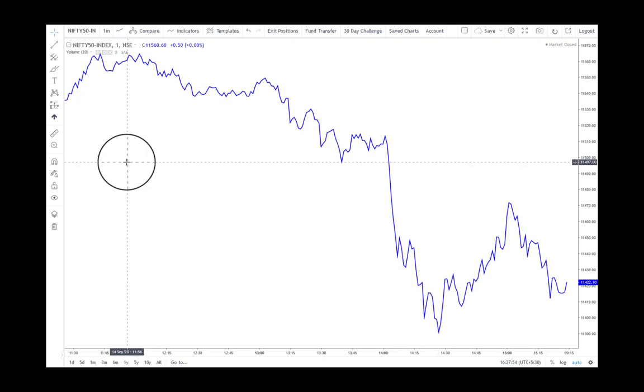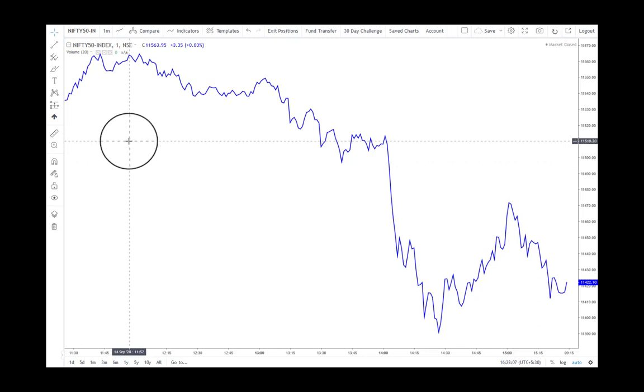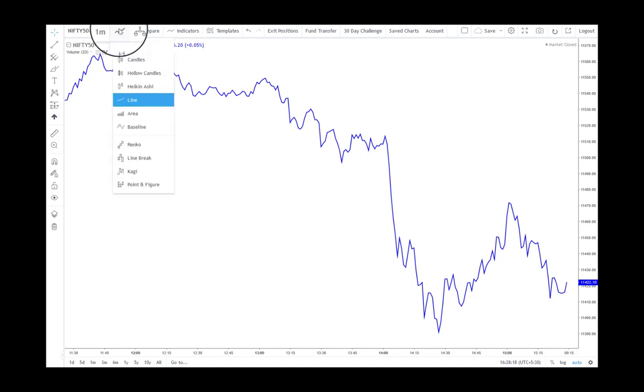Let us now understand the concept of time frame better by looking at some real-time charts on our FIRE's web platform. For our illustration, let us take the example of a candle chart. In order to choose a candle chart, all that you need to do is click on the chart type button over here and then select candles.